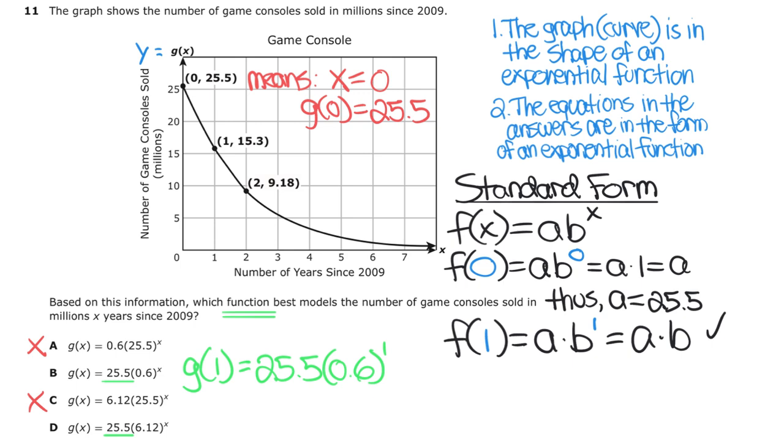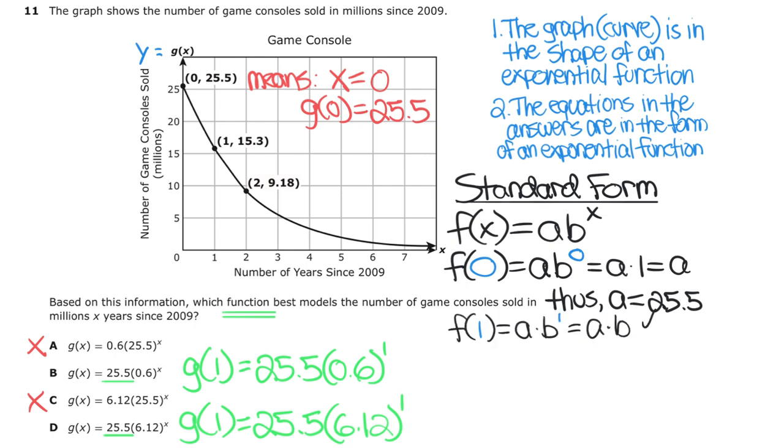With D, we get 25.5 times 6.12 to the 1. Using a calculator to calculate both of those, we have 15.3 and 156.06. How about that? 15.3 matches that point on the curve, 1, 15.3. Therefore, answer choice B is the correct answer.